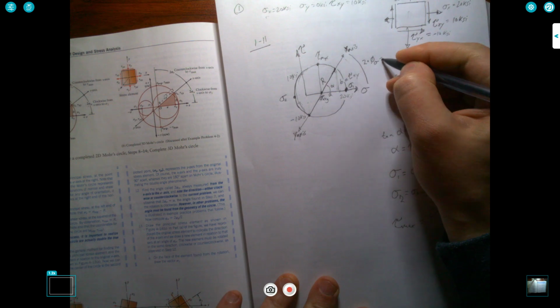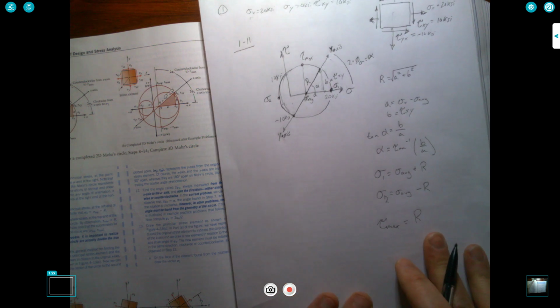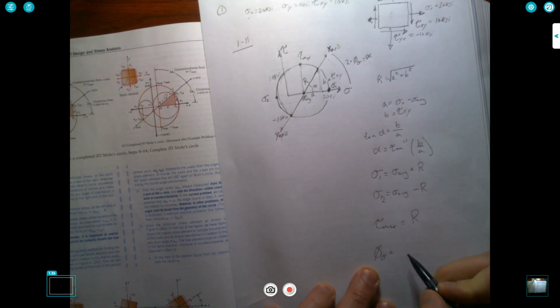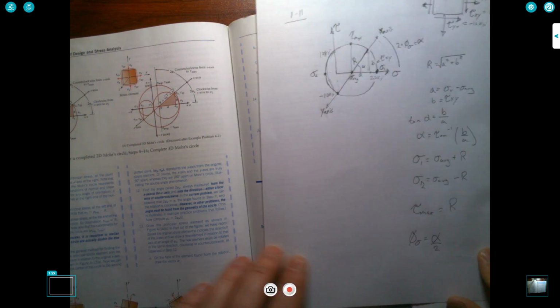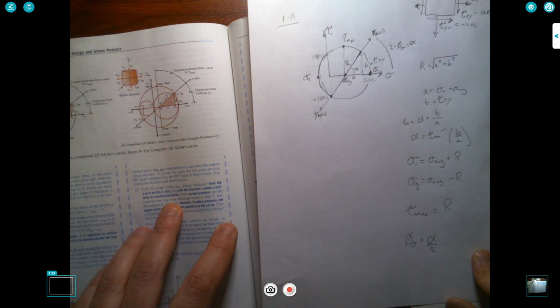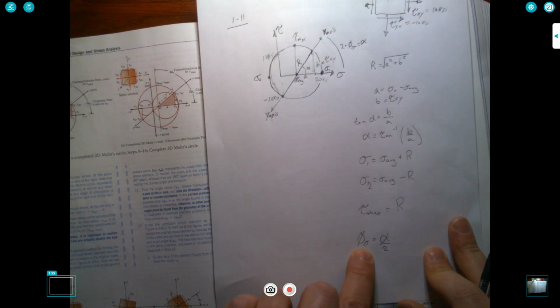So we could say alpha is equal to that. So now we can look for phi sigma is equal to alpha divided by 2. And that's where they get, well, they don't really show it in here, but they have this equation here. So your alpha divided by 2 gives you your phi sigma.